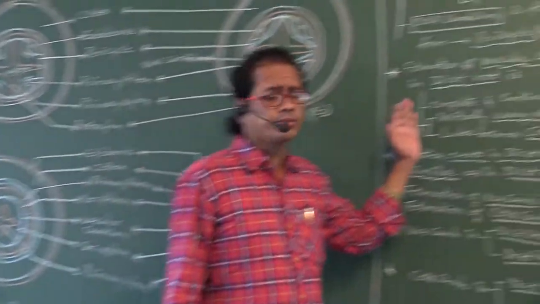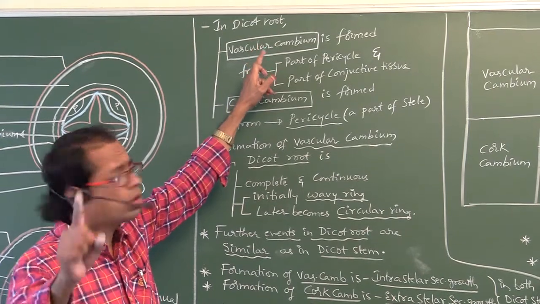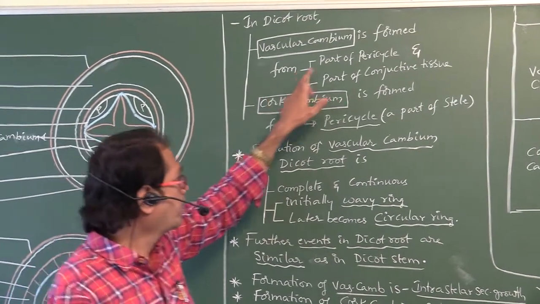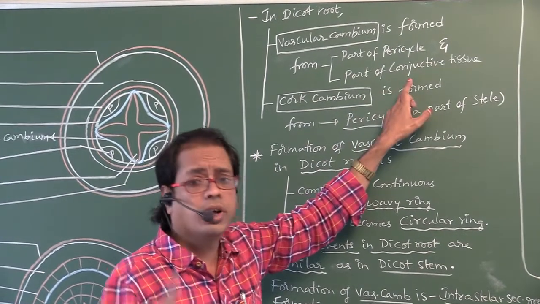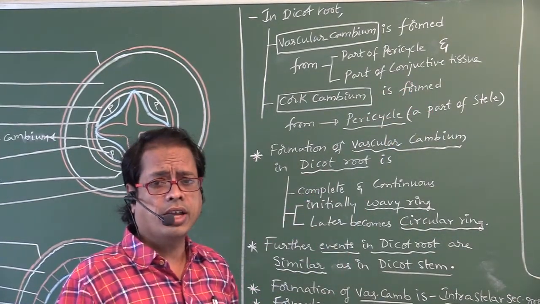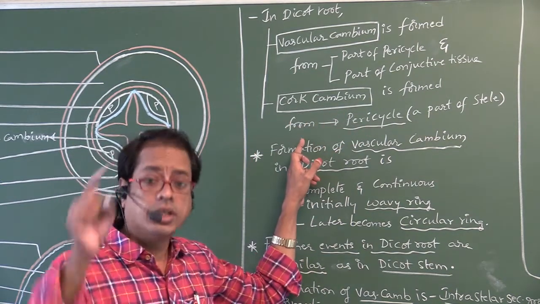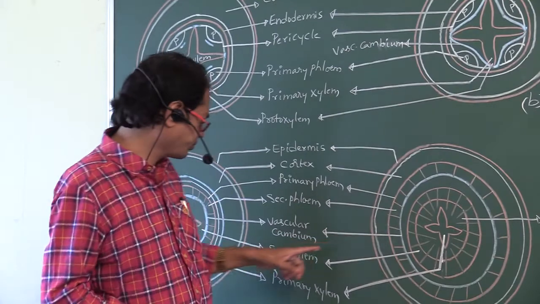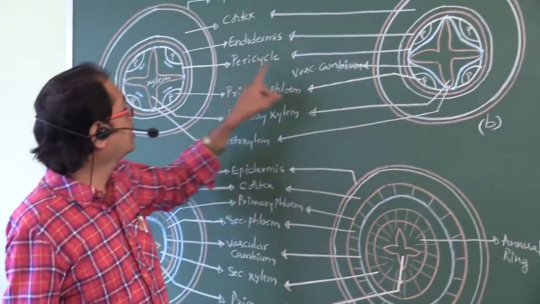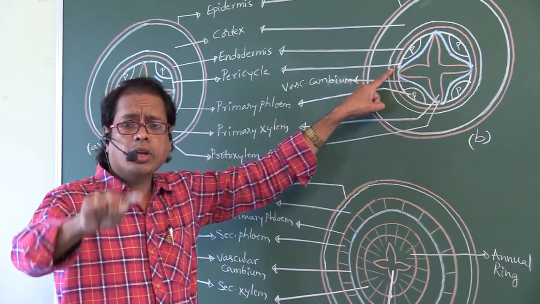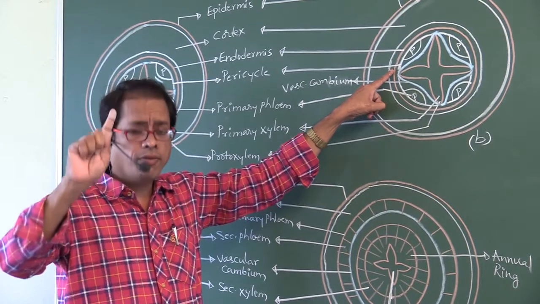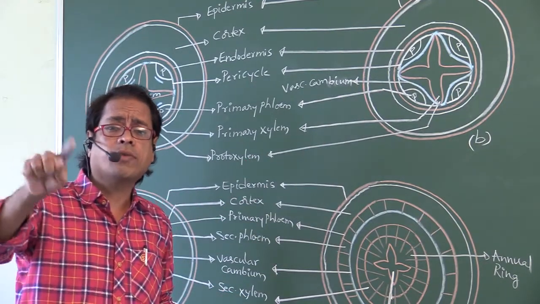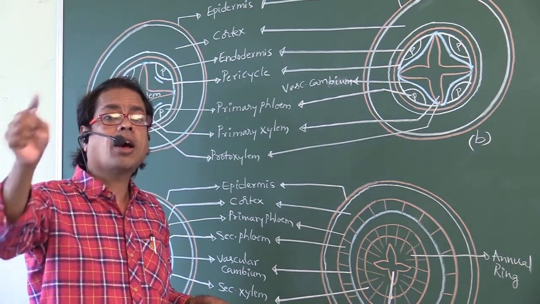Now look here, my dear students. In dicot root, vascular cambium is formed from a part of pericycle and a part of conjunctive tissue.